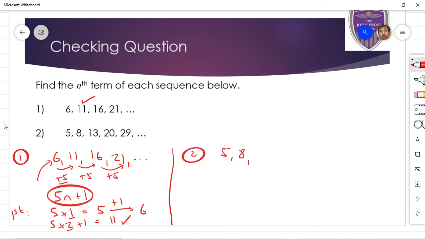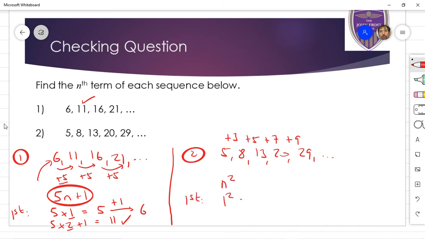All right, then question 2: 5, 8, 13, 20, 29. The gaps here are +3, +5, +7, +9. Now you should remember from the main task that if the jump changes, it's going to be an n squared sequence. It's quadratic. So I know it's got to be n squared. But check for the first term.